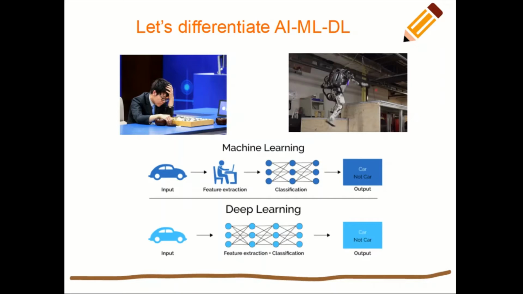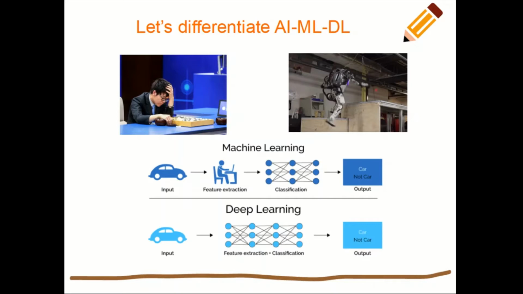Artificial intelligence is fundamentally mimicking any kind of human behavior in any form. For example, playing a game of chess, jumping over an obstacle, having a conversation like we do, recognizing objects, or driving a car and more. These are all examples of artificial intelligence.